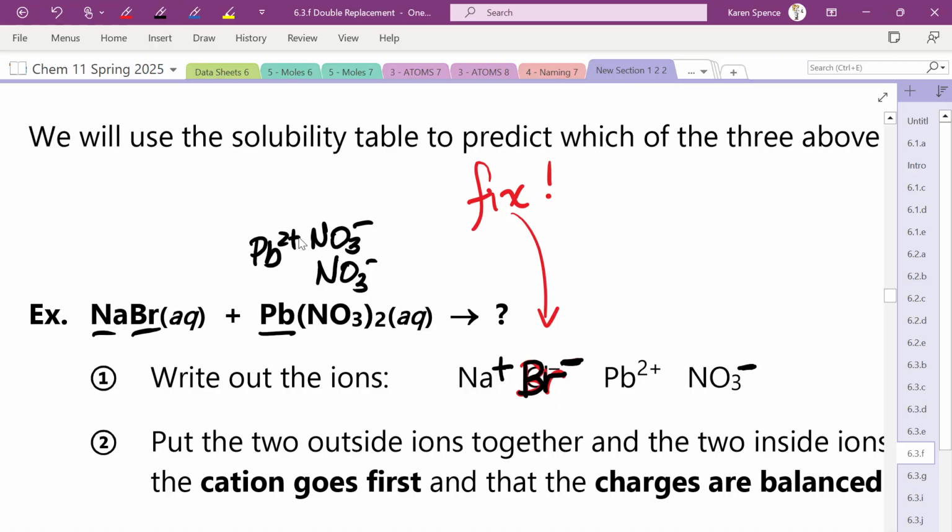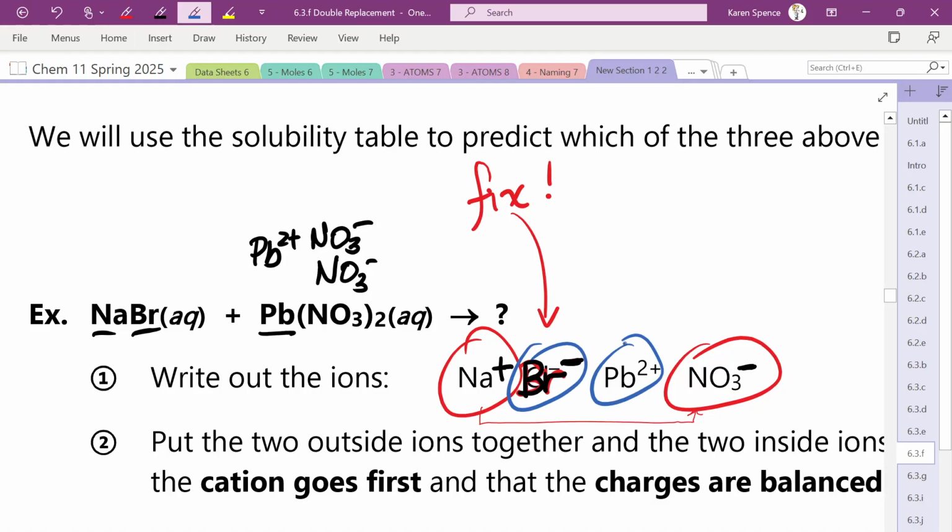And so there we go. And now we're going to combine our outside ions, the Na and the NO3. And then we will combine our inside ions, the Pb and the Br.